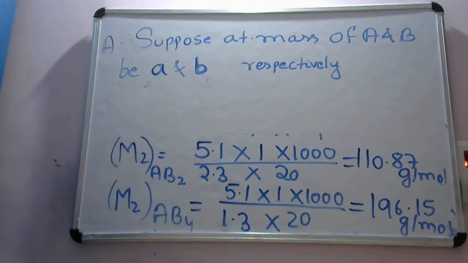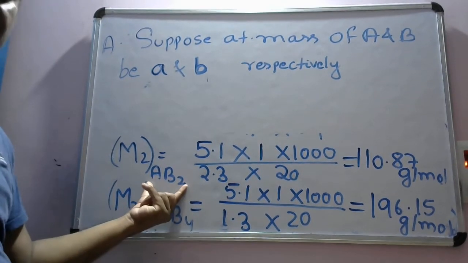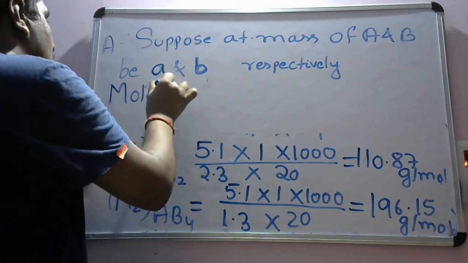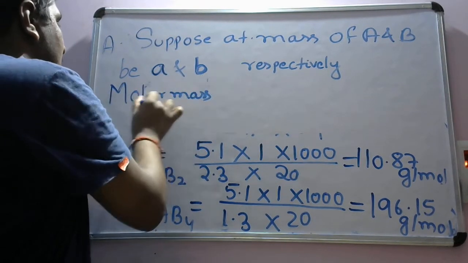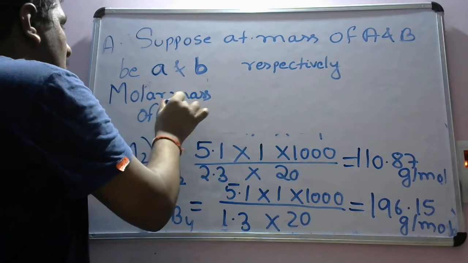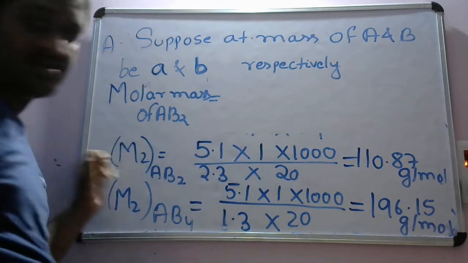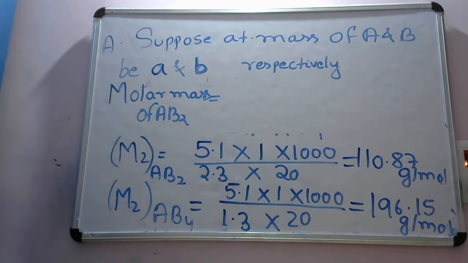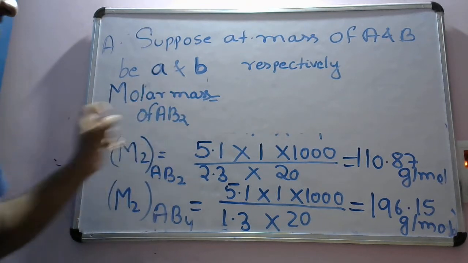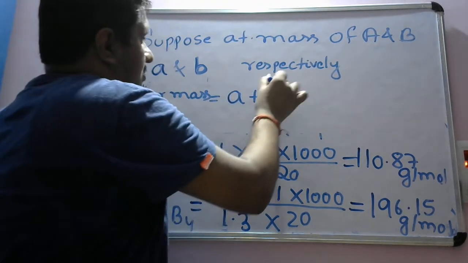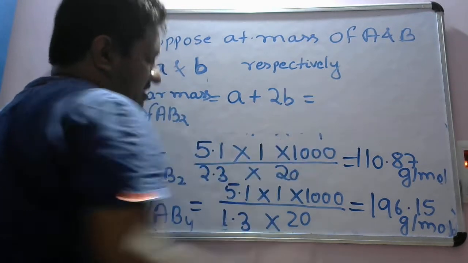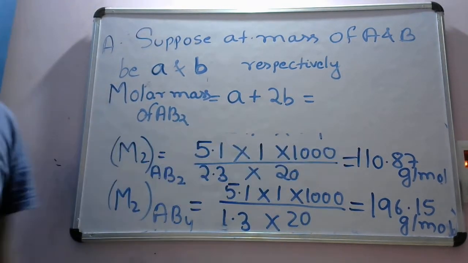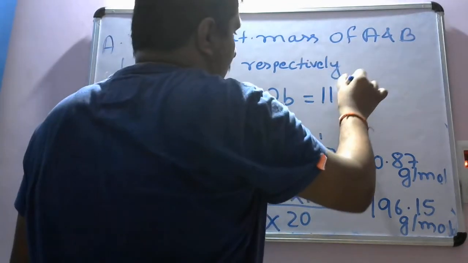Now, if we calculate the molar mass of AB2, what will you get? It will be the sum of atomic masses, a plus 2 into b, and the value you know already, 110.87, substitute that.